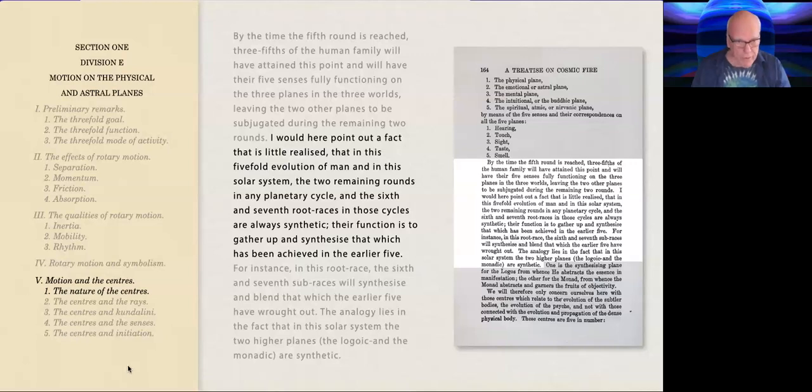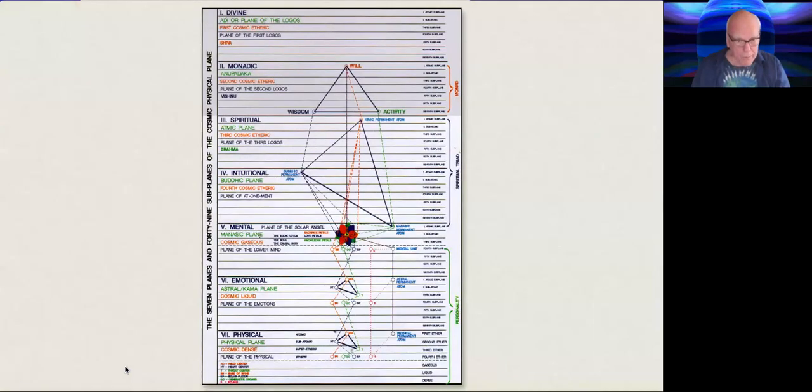So the fivefold evolution of man includes Atma, Buddhi, and Manas, as well as the lower quaternary. The term synthesis suggests both full awareness on and a full integration of all aspects of the five lower planes of the cosmic physical plane.